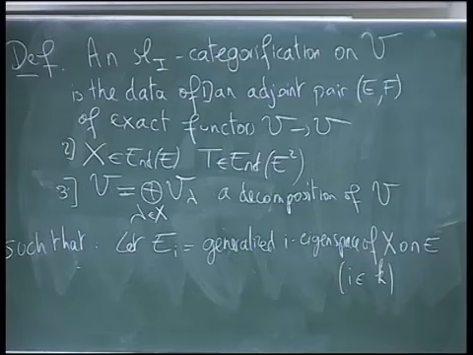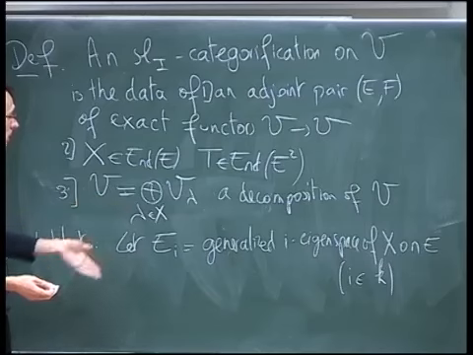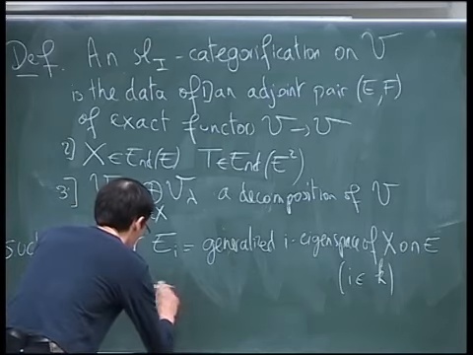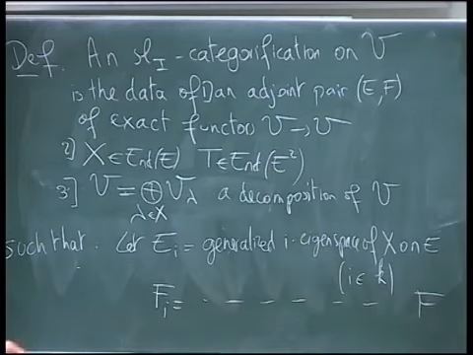Somewhere you have a bimodule and an endomorphism of that bimodule, and you can look at the generalized eigenspace. And you can do the same for F, because X is an endomorphism of E, so by adjunction that defines an endomorphism of F. And you can also take the similar definition. And now I can tell you what the conditions are.